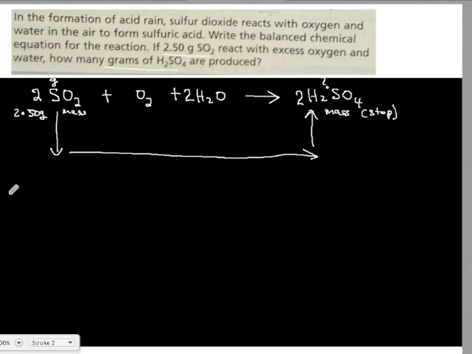Okay, starting out with 2.50 grams of sulfur dioxide, I need to go down, so it's multiplied by 1 over molar mass of sulfur dioxide. So multiply by 1 mole of sulfur dioxide per the molar mass of sulfur dioxide, which is 64.07 grams.